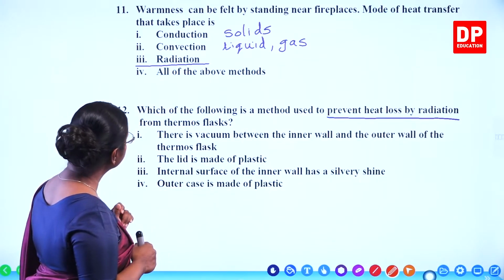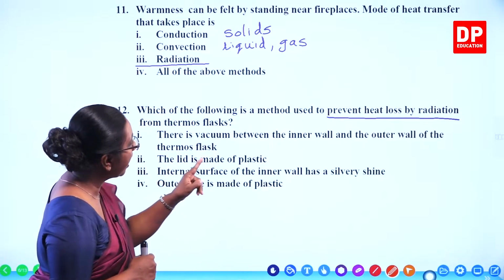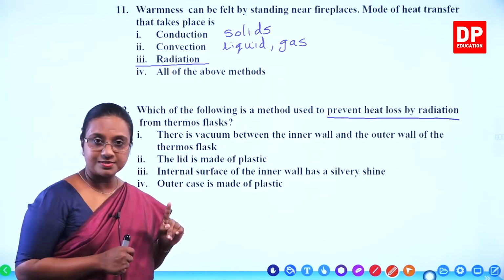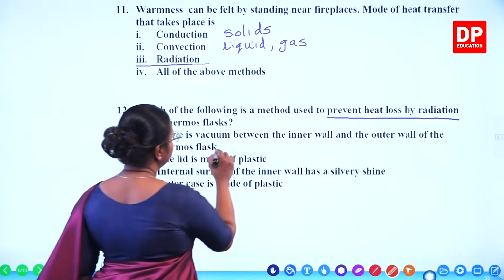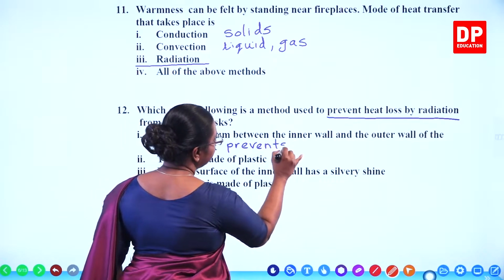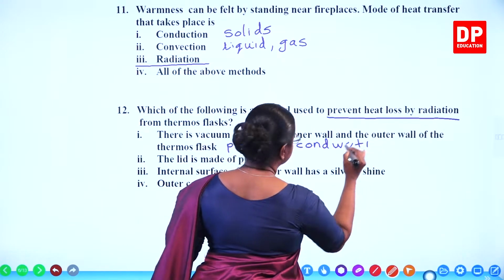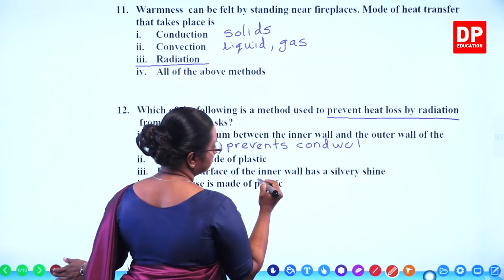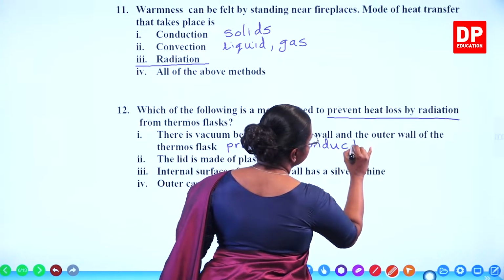So if we look at the answers, there is a vacuum between the inner wall and the outer wall of the Thermos flask. This prevents conduction.